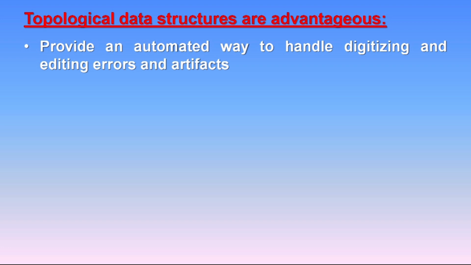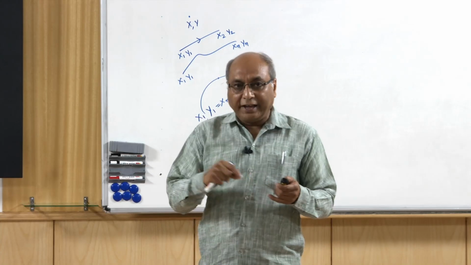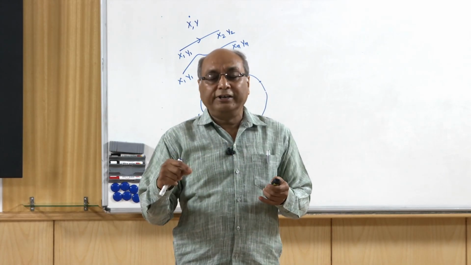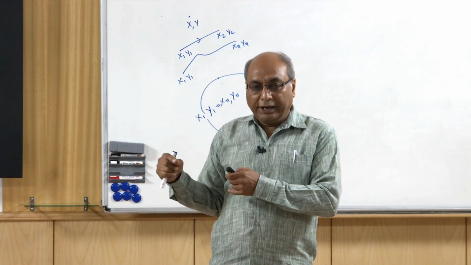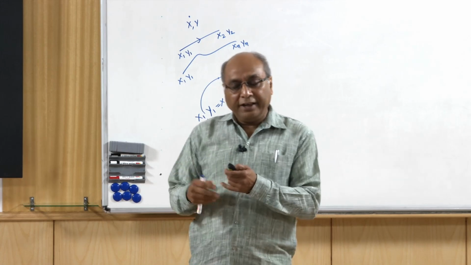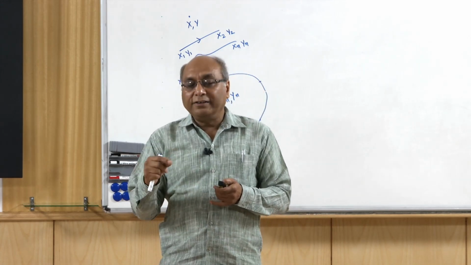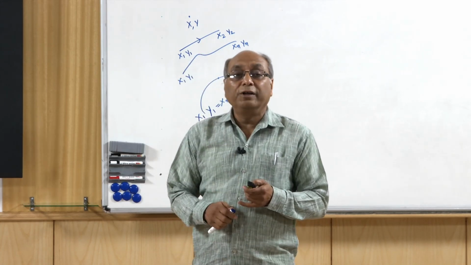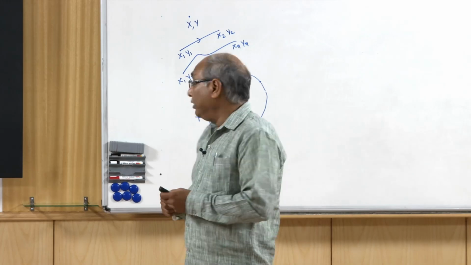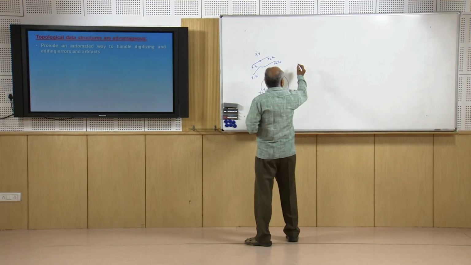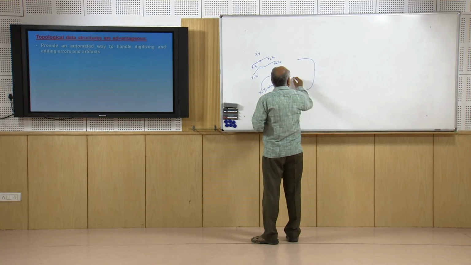Let me elaborate on artifacts and digitizing errors here. When you convert analog data into digital data using GIS software, during digitization there might be some errors which may come into your data. Suppose I have to digitize two adjacent polygons.